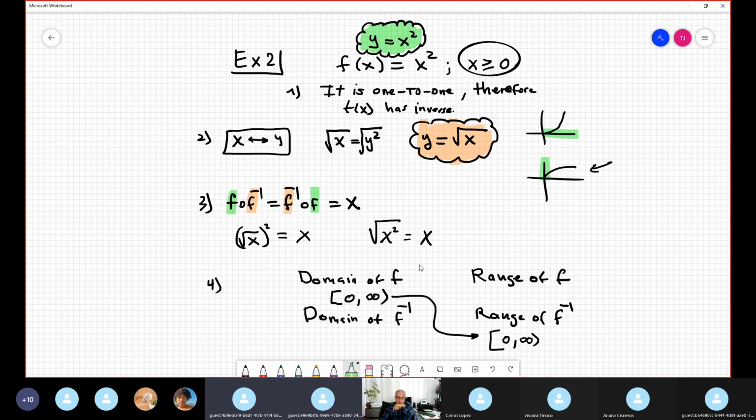Be careful. Here we have a restriction, and the restriction by coincidence is the same. You take the expression inside the root, you declare it must be non-negative, and this is coincident with this. And this is again bracket 0, infinity, and this is the range of this.